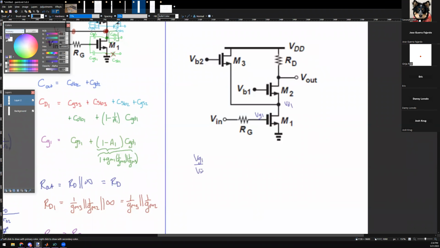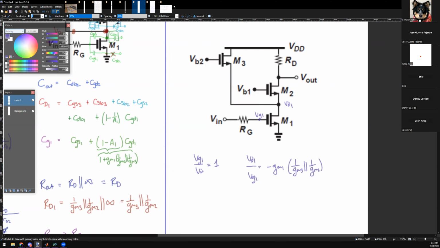VG1 for every V in is just equal to 1 in DC. So these are just the same voltage DC wise. Then VG1 to VD1 is a common source amplifier, which we found to be negative GM1 times 1 over GM3 parallel 1 over GM2.